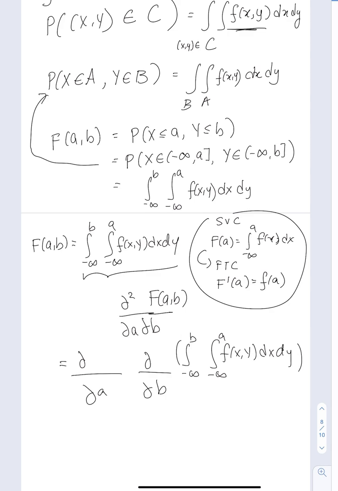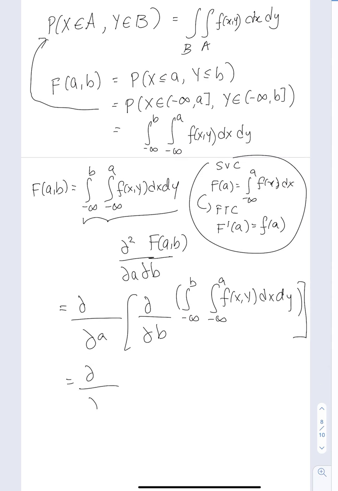First let's do what's in the brackets. That'll be the integral from negative infinity to a, evaluated at b, so it'll be f of x comma b dx.